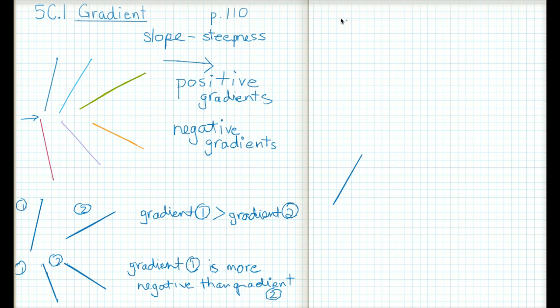Well, in math, the easiest way to calculate the gradient is to think of how the line is changing. So the gradient is equal to the vertical change, how much it has changed in the vertical direction, divided by the horizontal change. So it's a type of ratio.